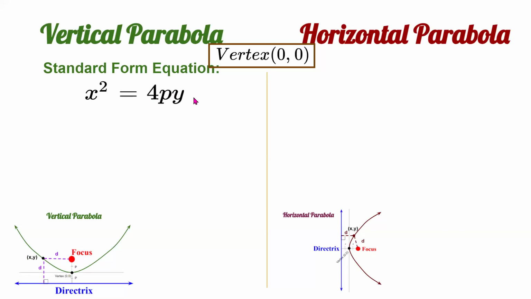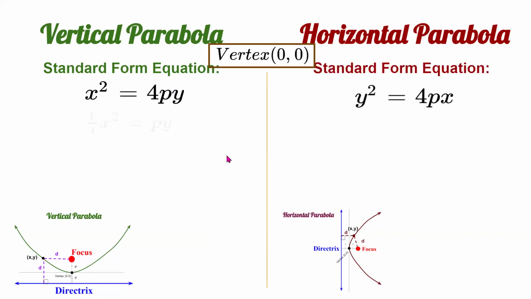Whenever we have that case, we like to isolate y. First, we divide by 4, then we divide by p. Therefore, we end up with 1 over 4p times x squared equals y. Instead of writing 1 over 4p, we're going to create that as a coefficient and just call it a. So a x squared equals y.